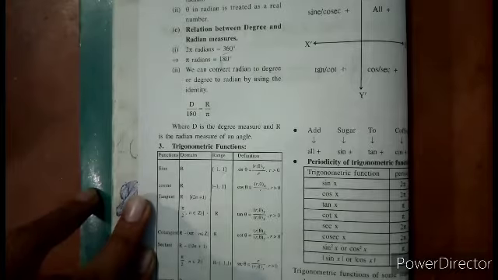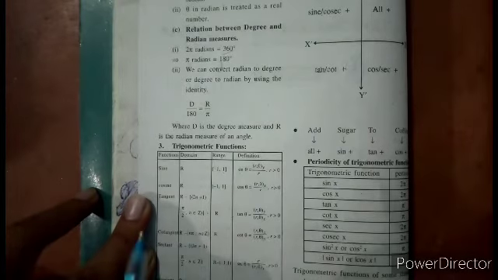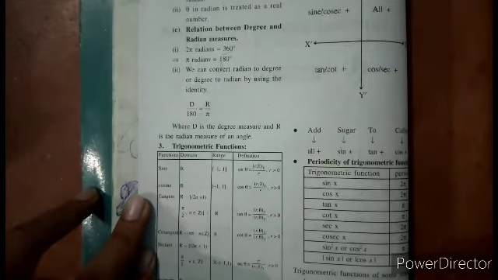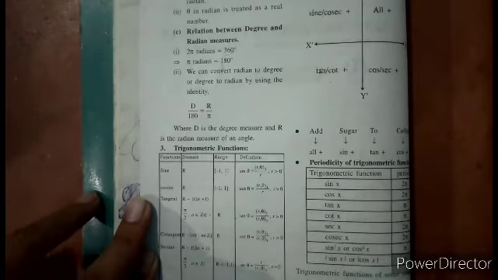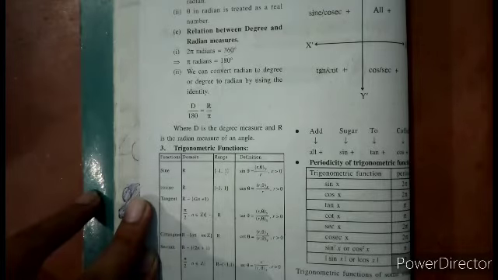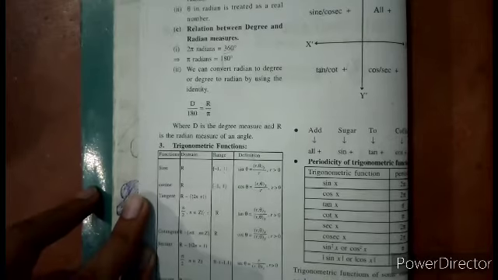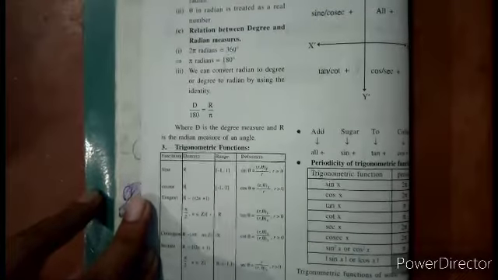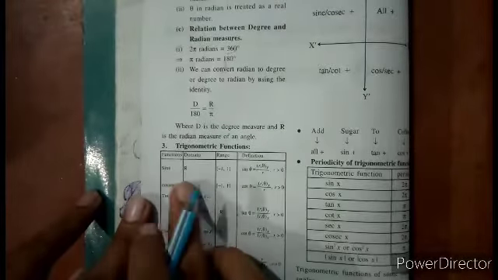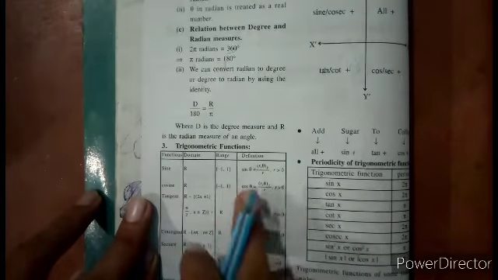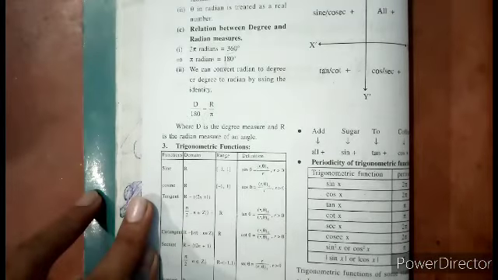But the range is always taken along the y-axis. If we consider the y-axis, the maximum value of sine is -1 to 1. So all the values of sine lie in between -1 to 1. So these are the range values. Then for cos also, all the real numbers are the domain, and -1 to 1 is the range.